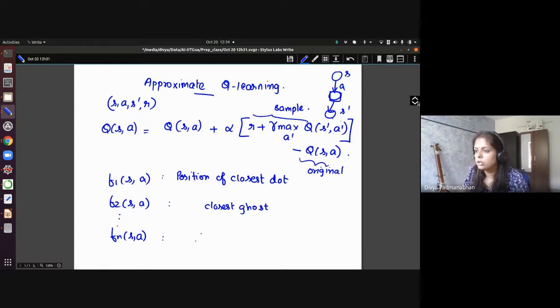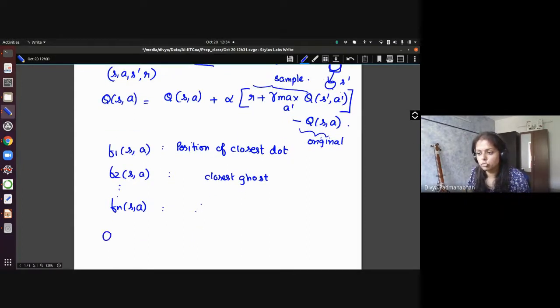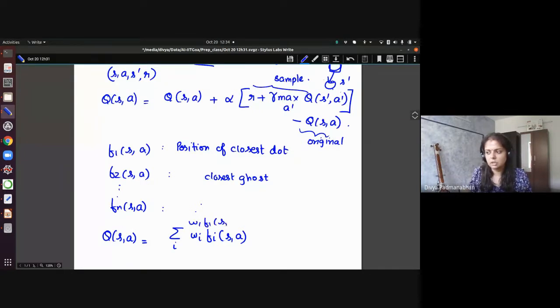Now, what you can do is just write the Q function, Q(S,A), as a weighted sum of all these features: the sum of w_i f_i(S,A). So it's just w1 f1(S,A) plus so on plus wn fn(S,A).